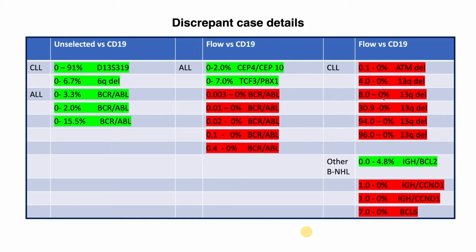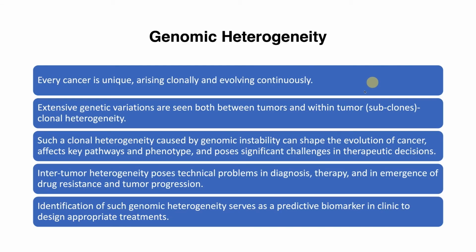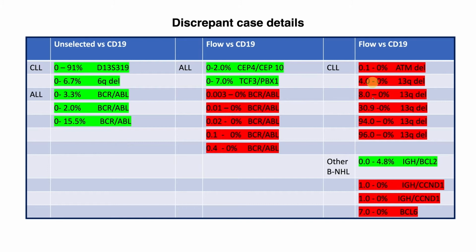In some others, in CLL, there are 6 cases that showed flow positivity but failed to recognize specific abnormalities in these cases. Particularly, the probes which are used to interrogate the cells are the ATM and 13q deletions. These abnormalities are known as secondary abnormalities in CLL.